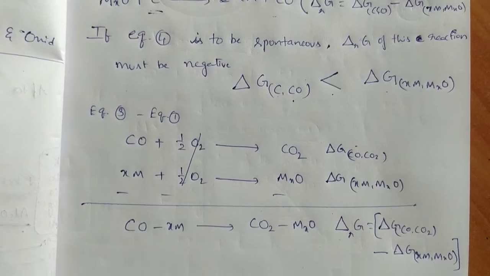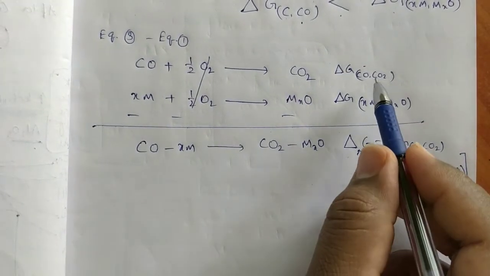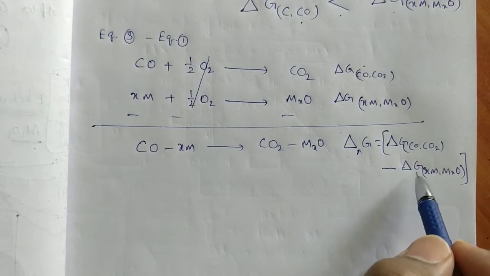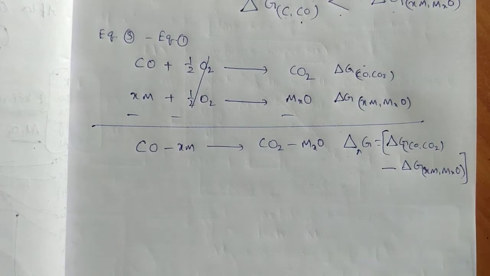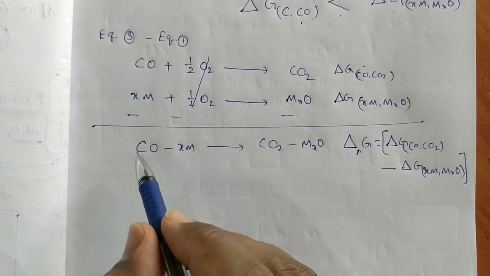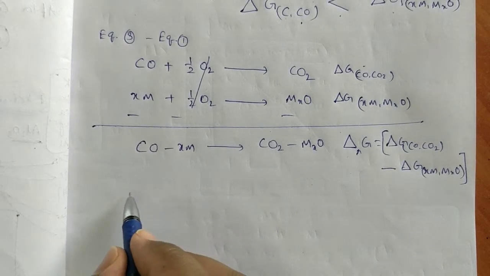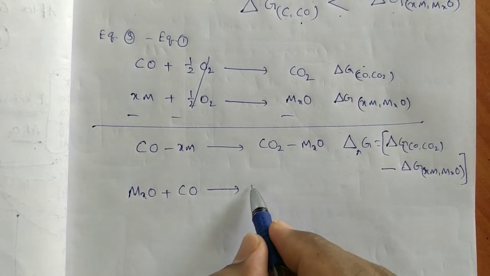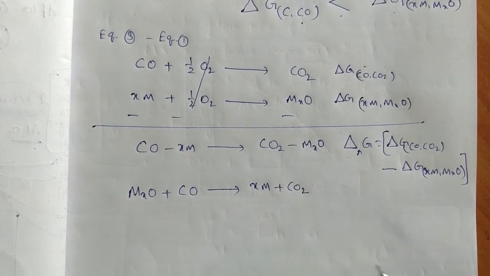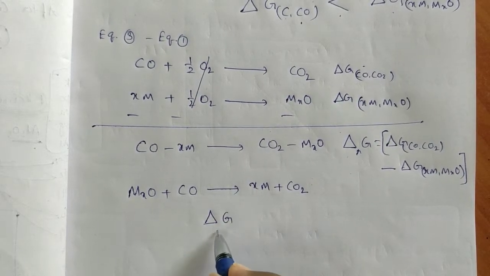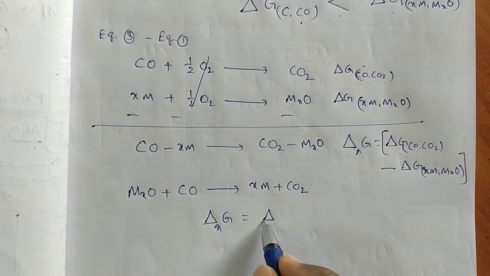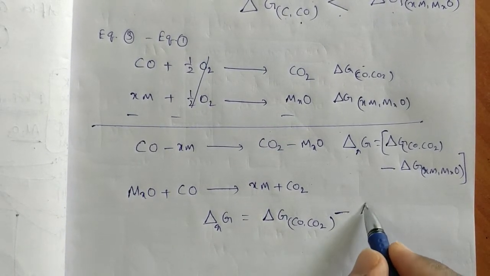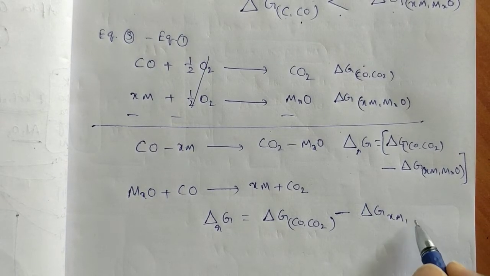For this resultant reaction, delta G is equal to this one value minus this one value, so delta G of CO comma CO2 minus delta G of XM comma MXO. Now this negative value I am bringing to this side and this negative value I am sending to that side. Then it will become MXO plus CO gives rise to XM plus CO2. For this net delta G is equal to delta G of CO comma CO2 minus delta G of XM comma MXO.